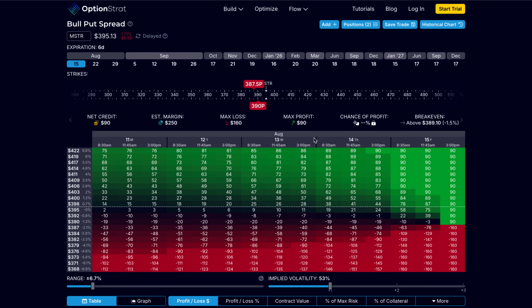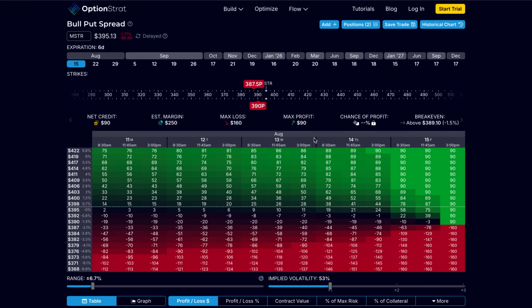So we're still able to enter for a credit. We're still entering a strategy that's neutral to bullish here. We're still selling puts. But now instead of having to put up $39,000 in collateral, we don't have to put up that much. And so the difference here, of course, is you're not going to have to buy 100 shares of the stock if something goes wrong, but instead you'll just lose the collateral that you put up.